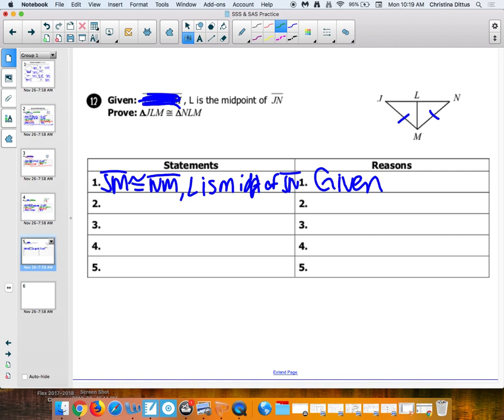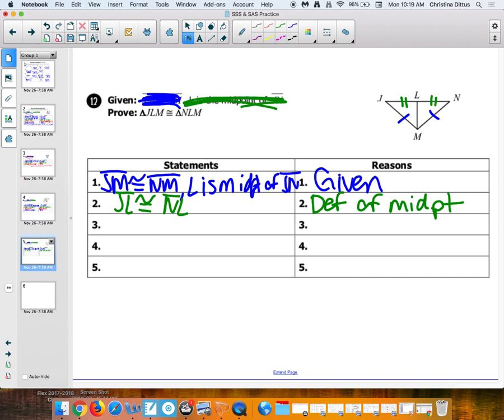So JL and NL have to be the same. So JL has to be congruent to NL. And why does it have to be the same? Can I write definition of bisects? No, it has to be midpoint. Because it is a midpoint. Definition of midpoint. Use that. That is all.